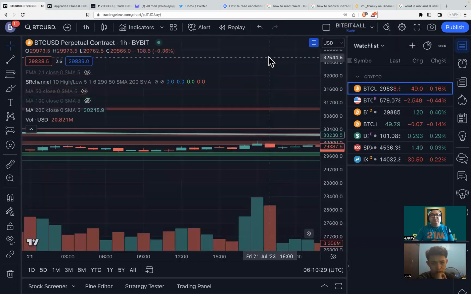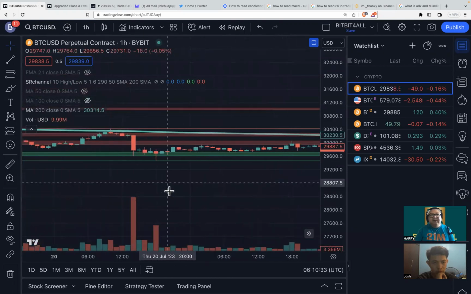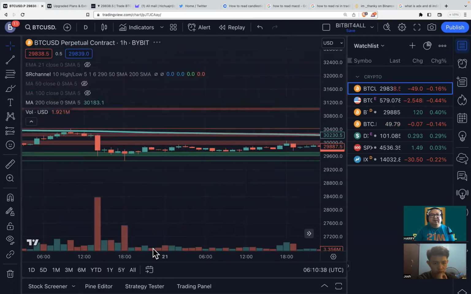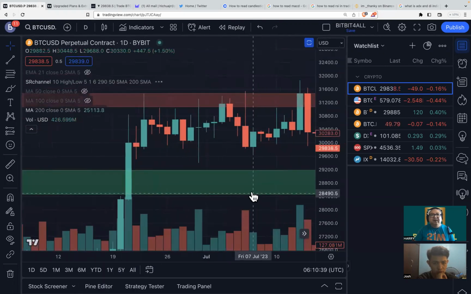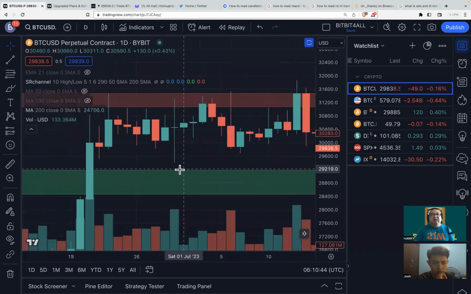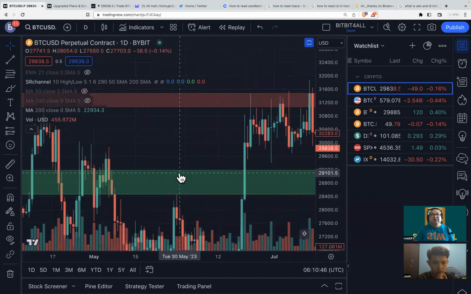So I have 200 moving average. Hindi ko masyado makita. Daily na lang tayo para mas malaki. So I have 200. Nasaan ka na?